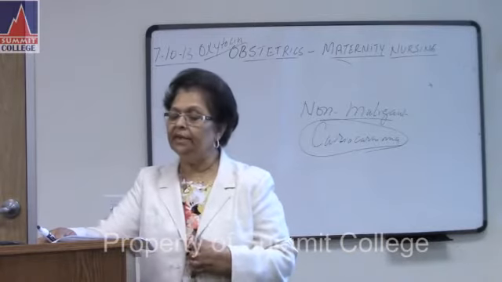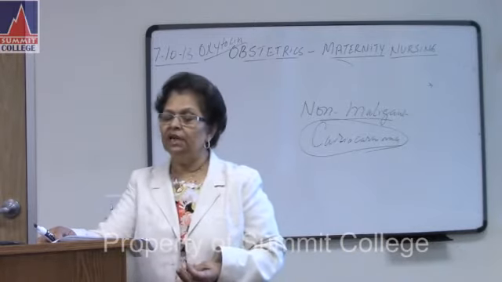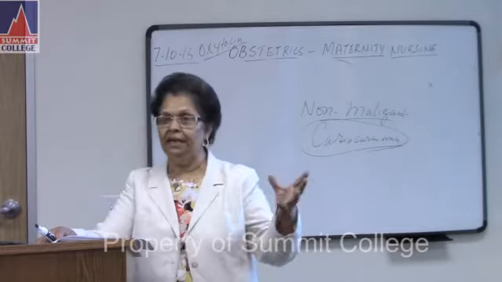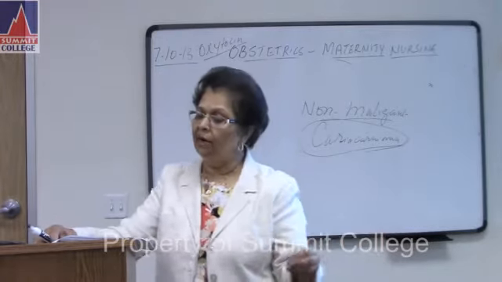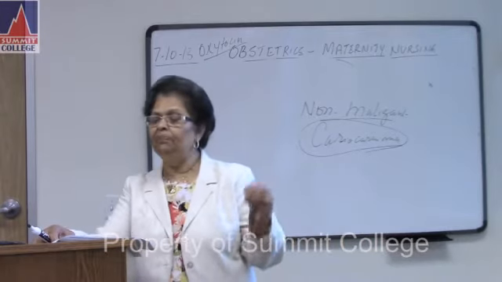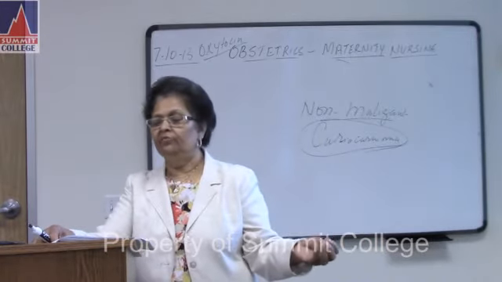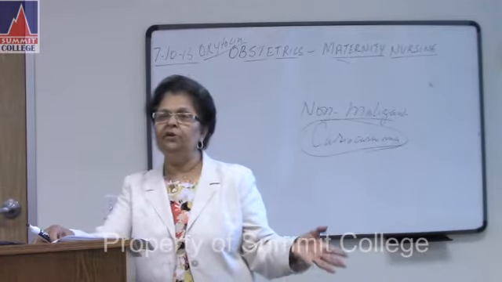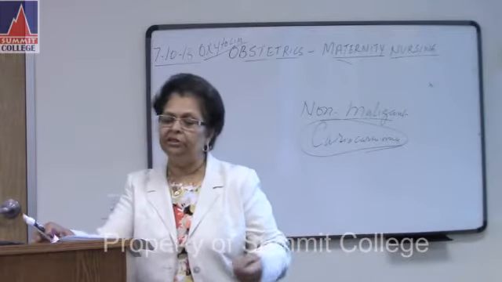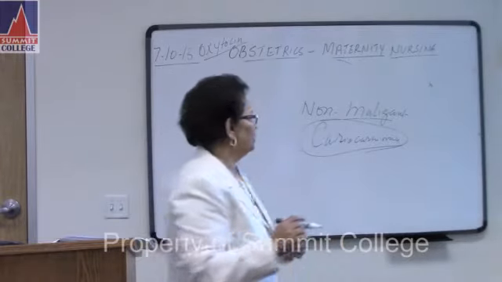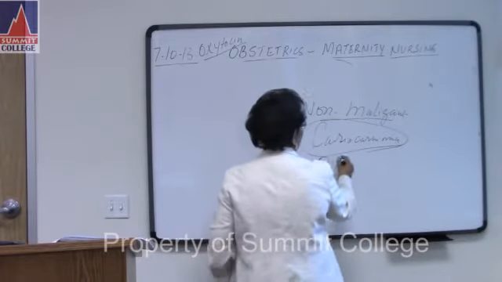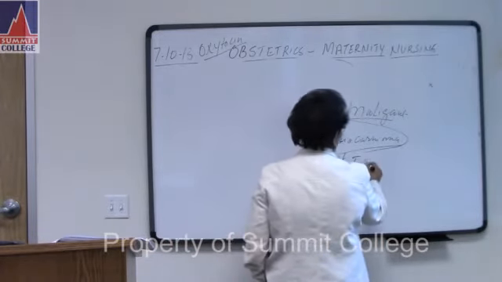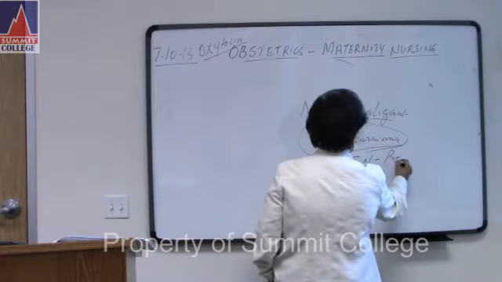Next line, data collection, signs. If you have a mother who has a mole, monitor for hypertension, edema, proteinuria, preeclampsia. Very important. What do you monitor when the mother has this? Number one, hypertension or preeclampsia.